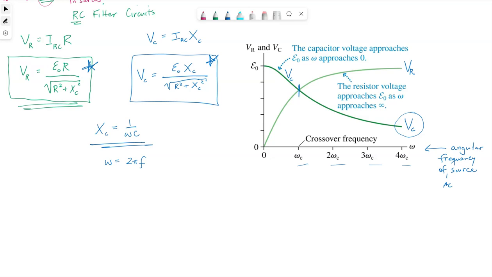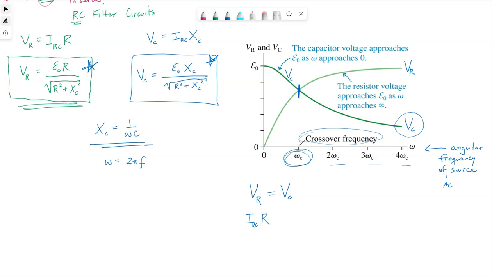Now there's this point right here where VR and VC are equal. The angular frequency that causes them to have the same voltage is called the crossover. That's where those graphs cross. So we know VR is the peak value. These capital letters mean the peak value.